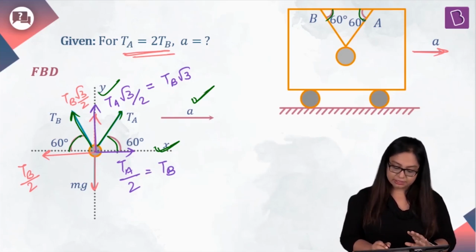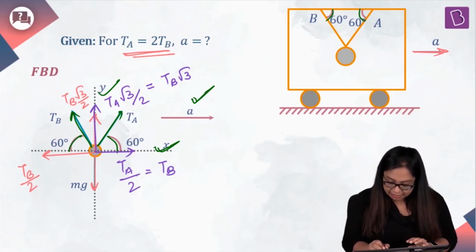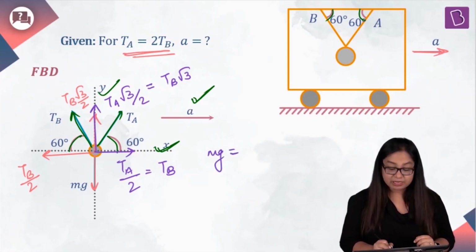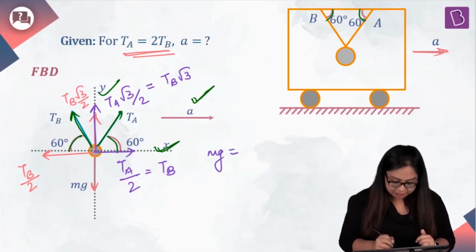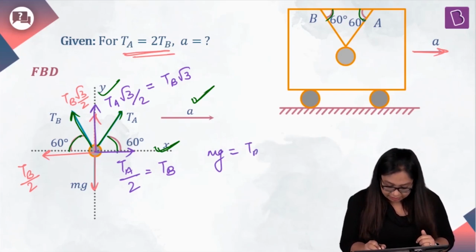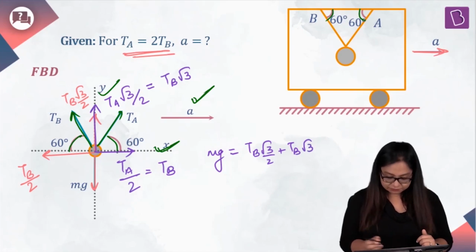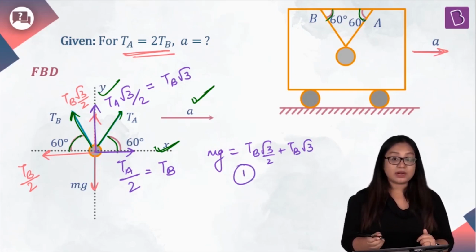Now let's write our equations. What do I say? Vertically downwards, we have only one force, which is mg. This should be equal to net force vertically upwards, which is how much? TB root 3 by 2 plus TB root 3. Okay, we get this much. Let's say this is equation number 1. What else can we get?